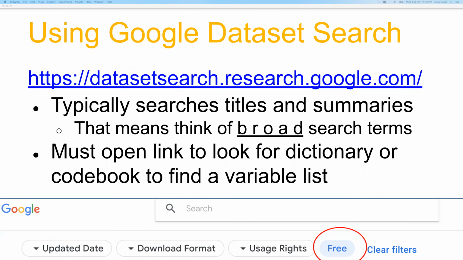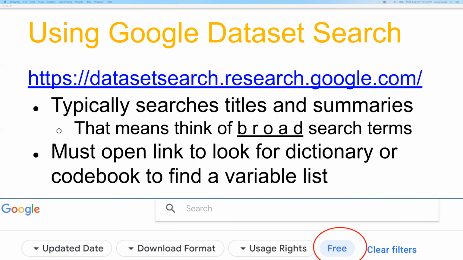The thing with Google Dataset Search is that it only searches the names and summaries of datasets. Since it's new, it doesn't really dig into the variables yet very well. So you might be looking for how to relate teenagers' anxiety to their grades, but a dataset title might not talk about anxiety and grades. It might talk about mental health of adolescents, or even drug use and risky behaviors among adolescents.